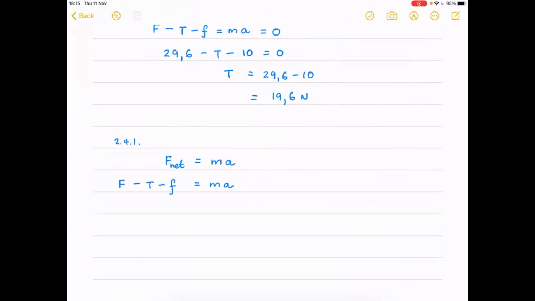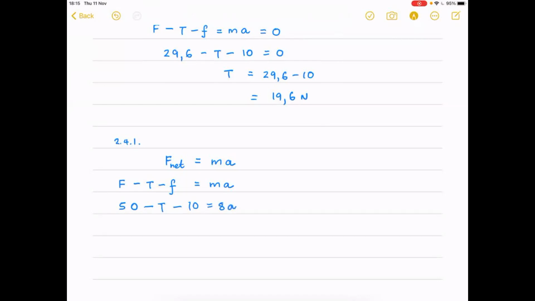Okay, the force is now 50 newtons minus T, we don't know what it is, minus the frictional force, which is 10 newtons. And that is equal to the mass, which is 8 kg, times the acceleration, which we're trying to calculate.